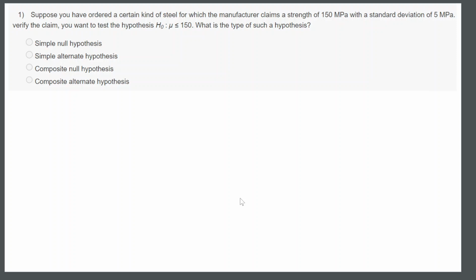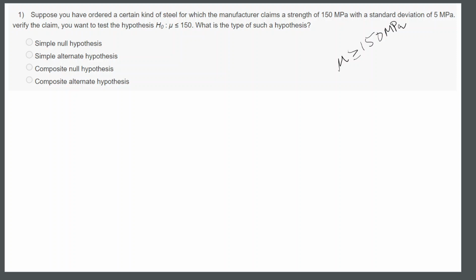So hence we choose the hypothesis of mu less than or equal to 150 to be a simple alternate hypothesis, because our null hypothesis should be mu greater than or equal to 150 MPa, so that there is no variation in the mechanical properties of the supplied quantities.